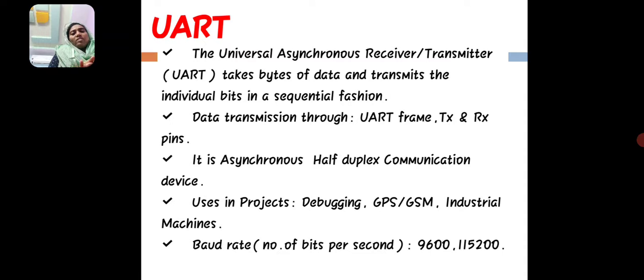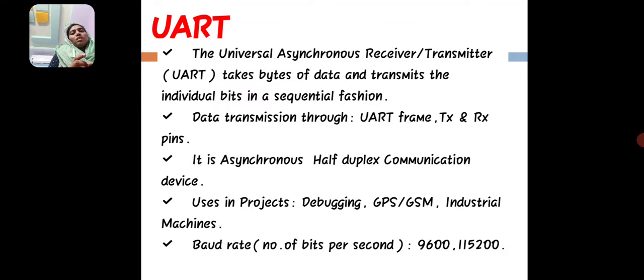And coming to the second one, half duplex communication. It is a bidirectional communication device, but not at the same time. So if one device sends the data, the second device just receives the data. It cannot send the data at the same time, right?